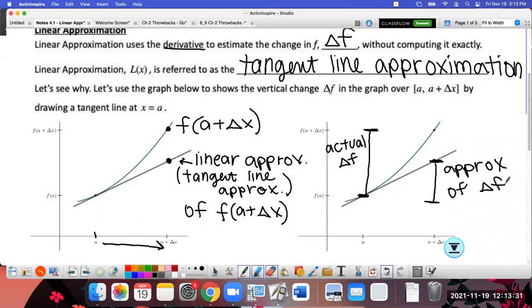So as you notice, these are not great approximations. These are pretty far off. That is because the tangent line approximation or the linear approximation should only be used for small changes in x. If we were to have had a smaller change, like let's say that small, that coordinate would have been pretty close to the actual coordinate. That change in y values would have been much more accurate. So the further out you get, the less accurate these approximations are. The closer you stick to that a value, the more accurate.